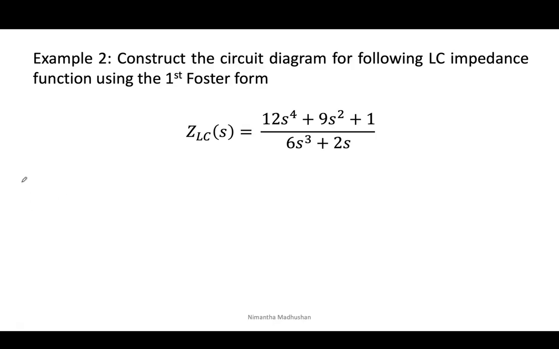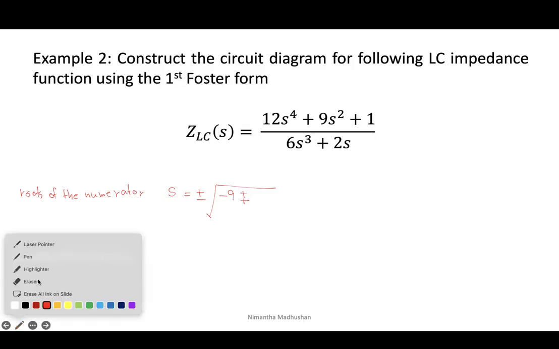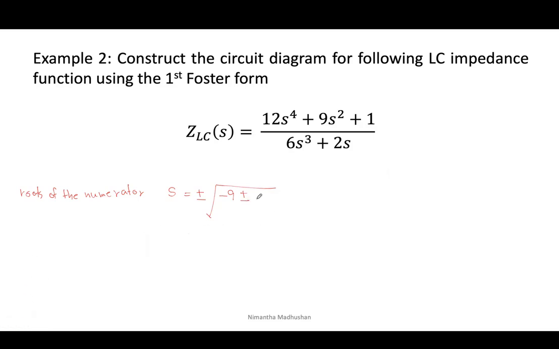If we consider the roots of the numerator, we get s squared equal to minus 9 plus or minus square root of minus 33 over 24. These are the two roots. Considering the first root, s equal to plus or minus square root of minus 9 minus root 33 over 24, we get plus or minus 0.78 j.